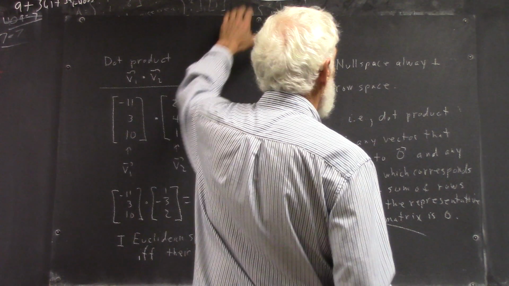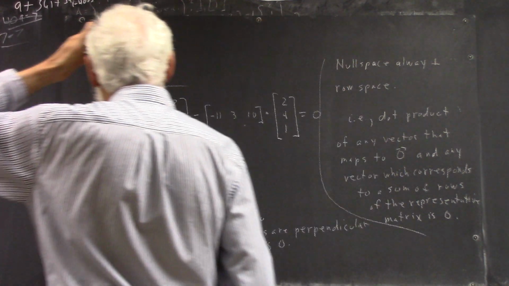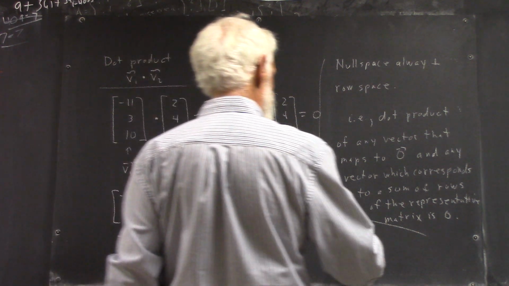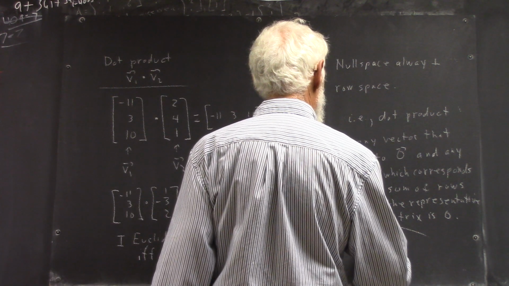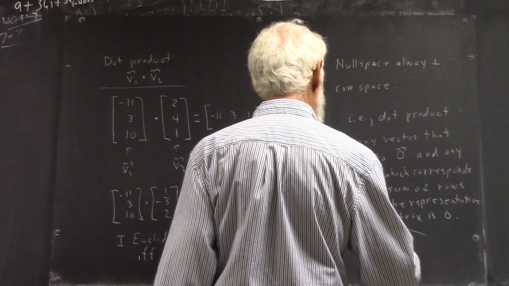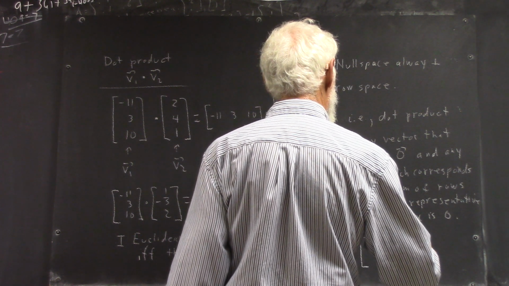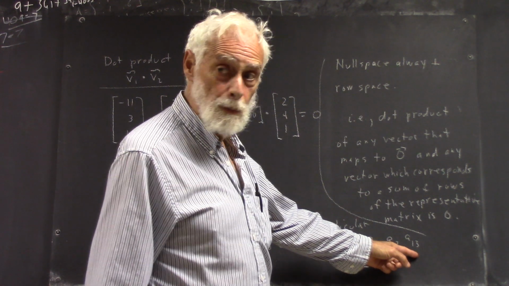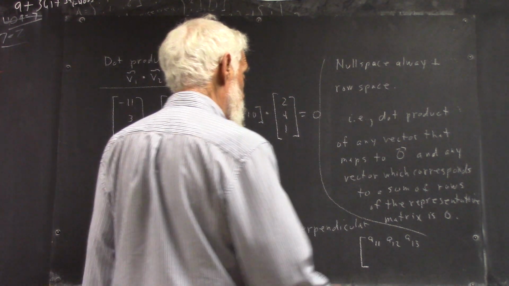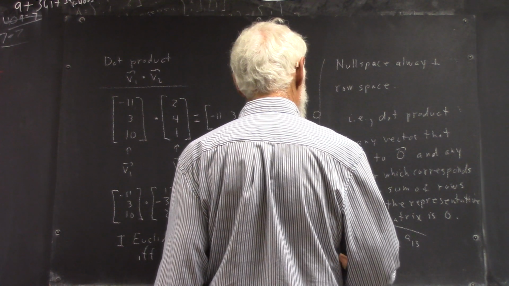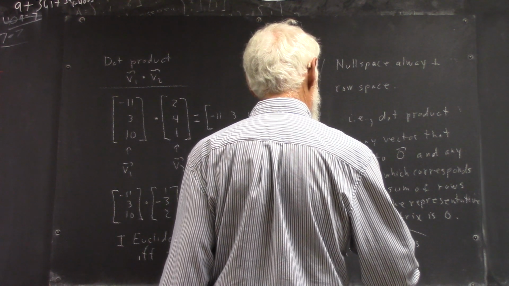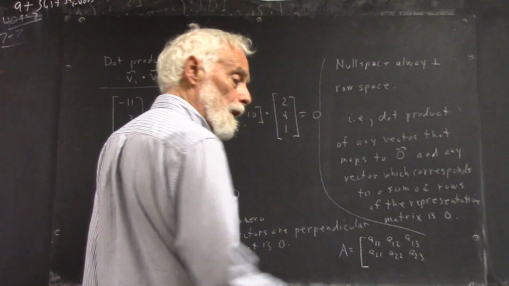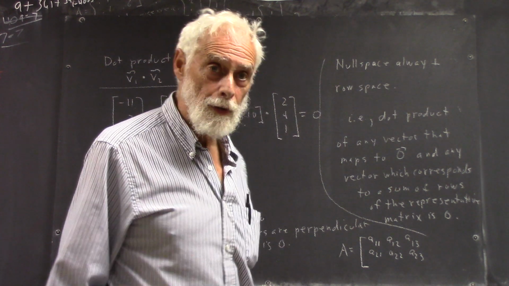Oops. Well, I've been writing a lot today. I've had plenty of boards. But I can write the notation here. In general, if you want to write a 3 by 3 matrix, you write your first row A11, A12, A13. Your second row A21, A22, A23. So what do you think your third row would be?